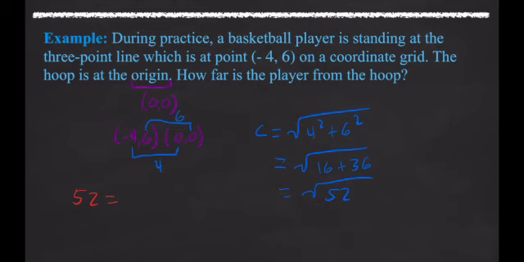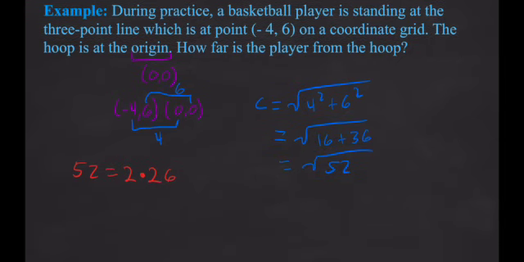We know 2 can go into 52, and that would end up to be 26 times, right? Okay, 26, 2 can go into 26. So this would be 2 times 2 times 13. By the way, we could have saved ourselves a step and recognized that 52 is really 4 times 13.